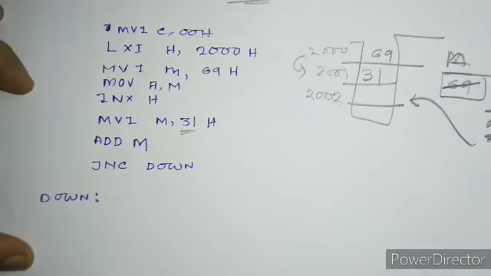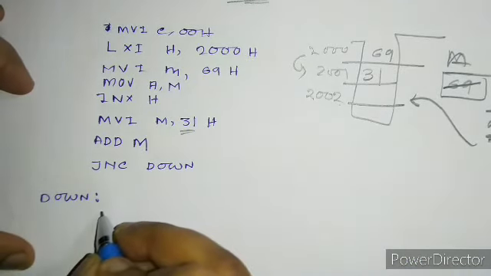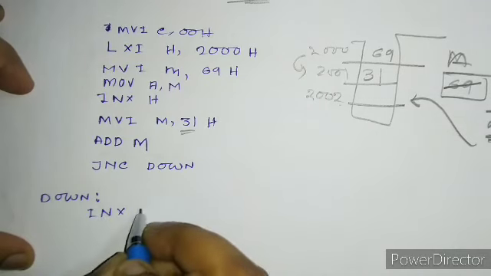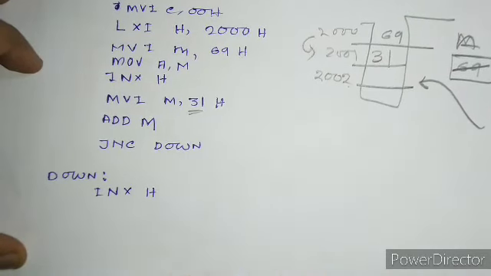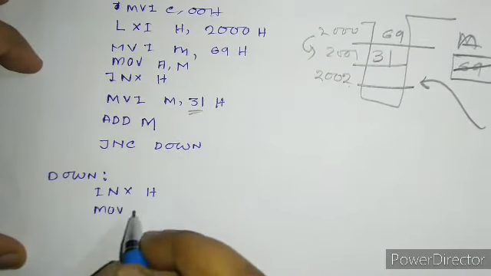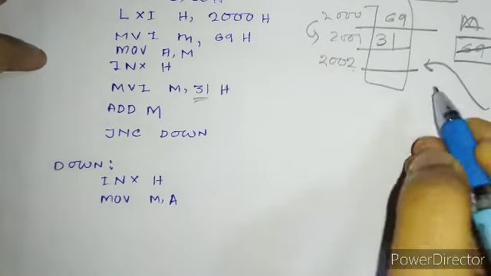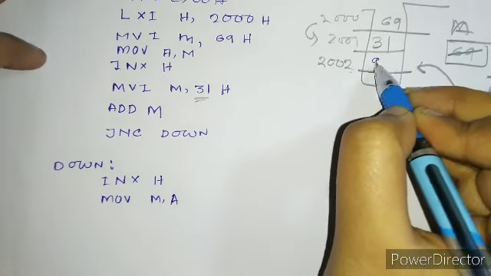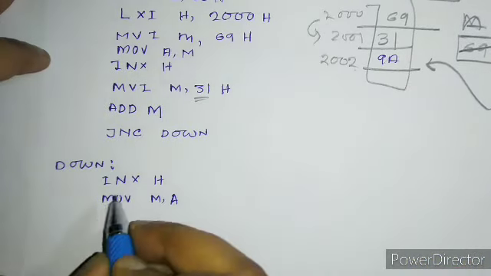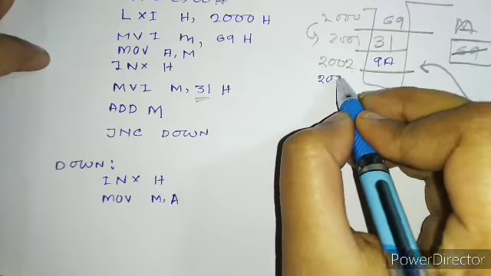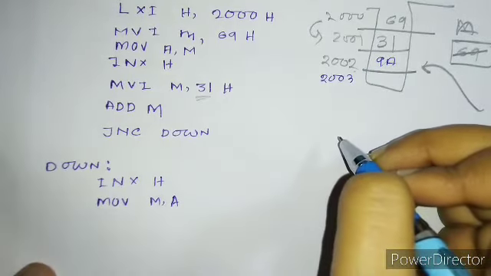store at this location. For that, first INX H, then MOV M, A, right? So 9A will come to this place. Again I have to store my carry at location 2003.